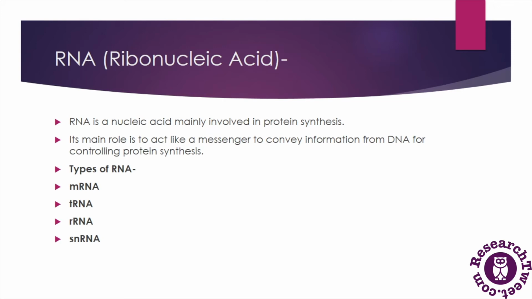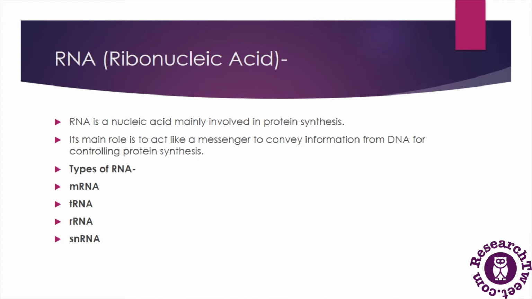Now the other nucleic acid is RNA or ribonucleic acid. It plays an essential role in the transfer of genetic information during protein synthesis and also helps in gene expression. Sometimes it also acts as genetic material, for example in viruses which lack DNA.